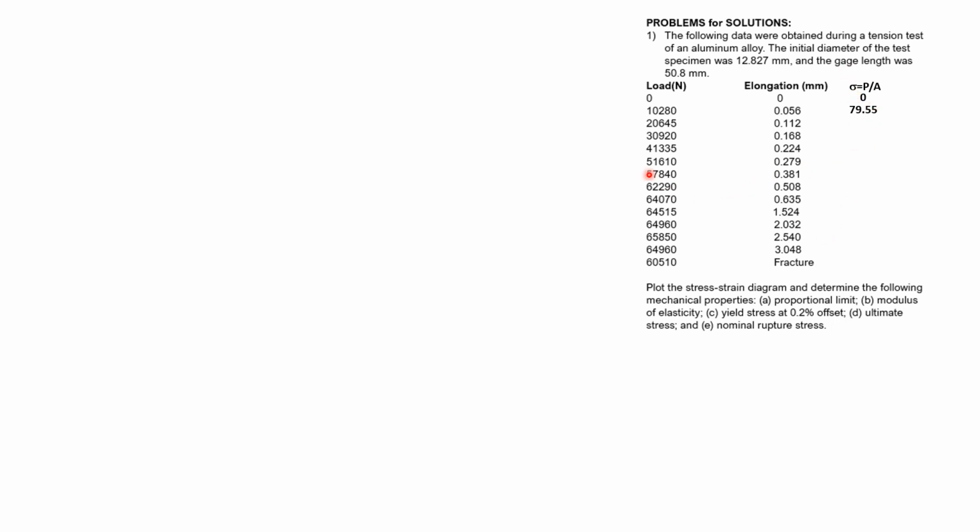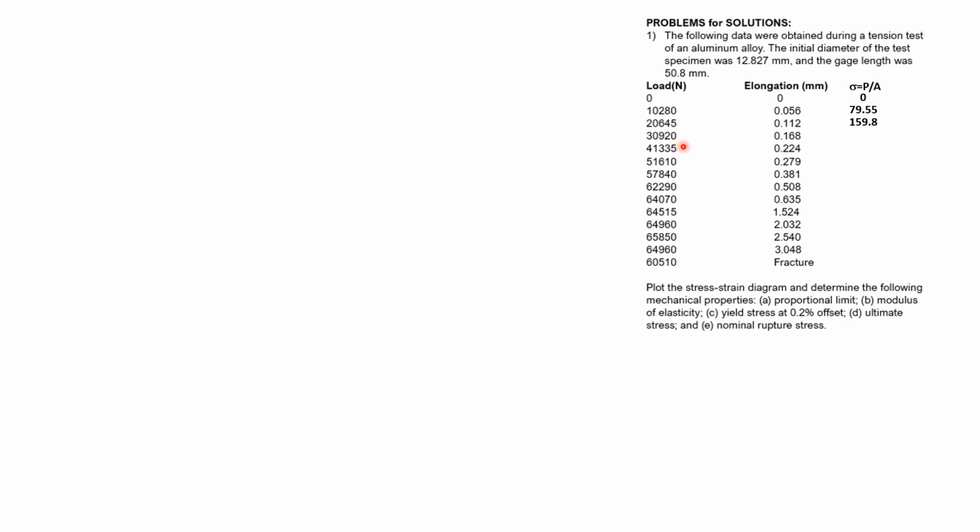So these are in megapascals. Then 2645 divided by pi over 4 times 12.827 squared will give us 159.8 megapascals. All these are tension because the test is tension, but also applicable for compression if the test is for compression.